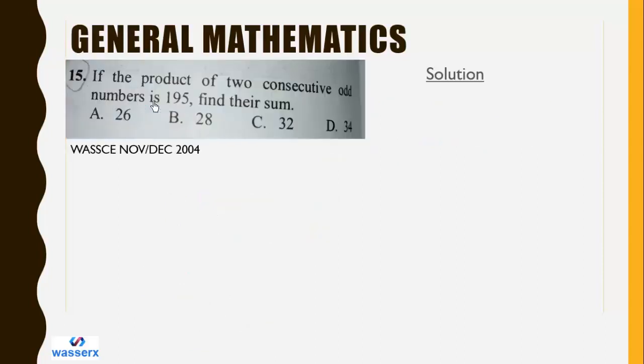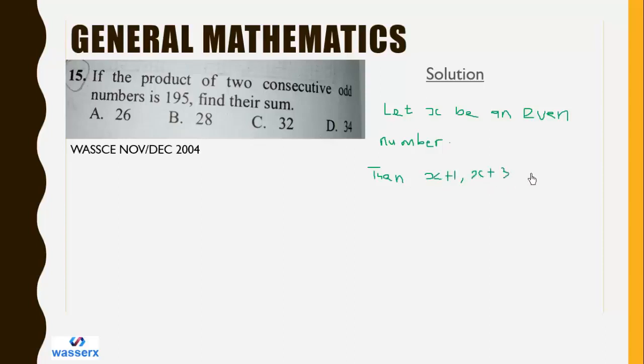If the product of two consecutive odd numbers is 195, find their sum. So consecutive odd numbers, let x be an even number. So if x is an even number, we can make x odd by adding 1, like the first two odd numbers, which are 1 and 3.